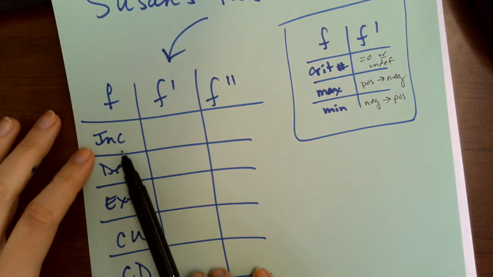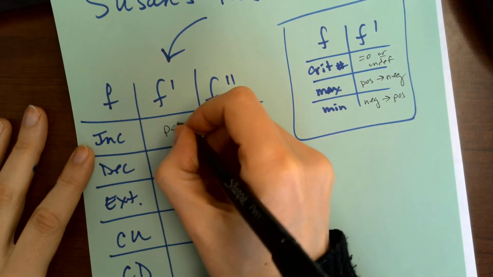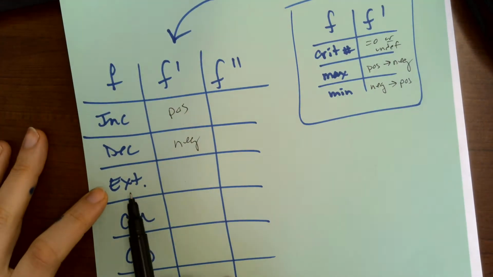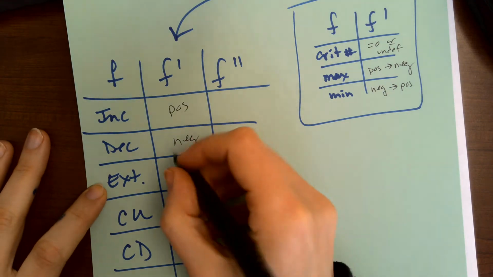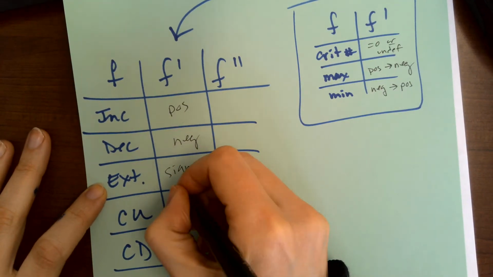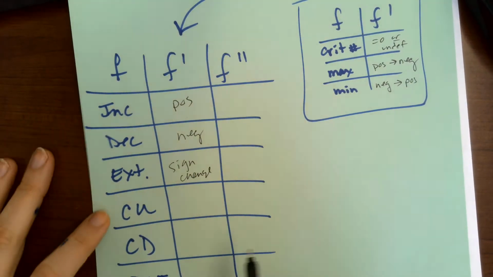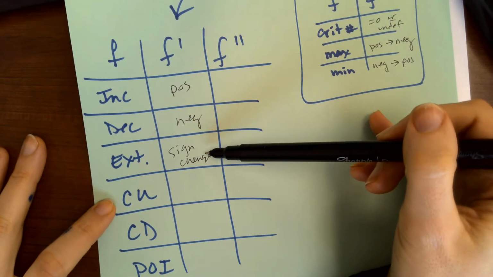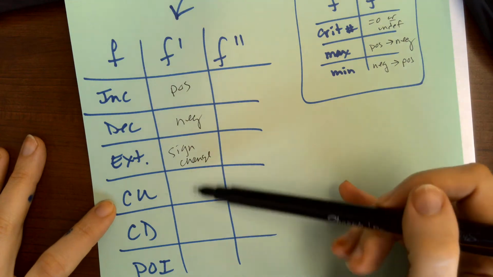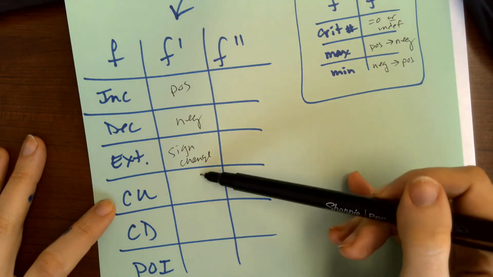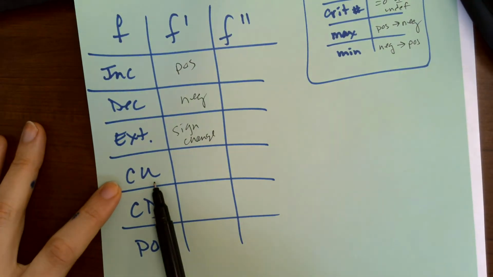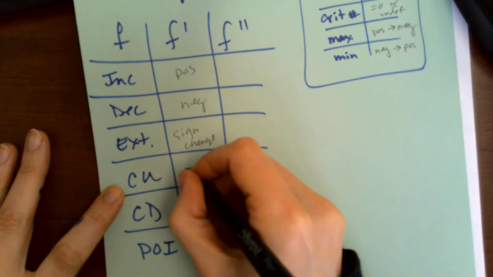So f is increasing if f prime is positive. F's decreasing if f prime is negative. F has an extrema if f prime experiences a sign change. And then these three are these three, okay? So f concave up means f prime is increasing.